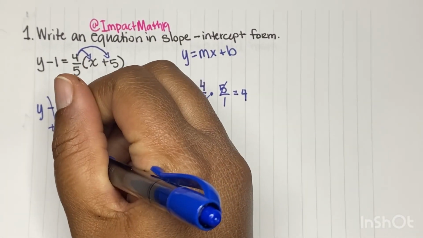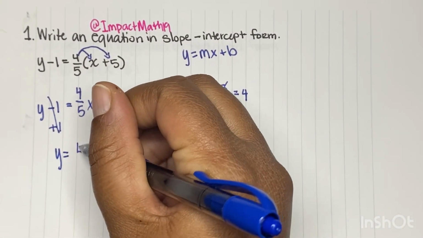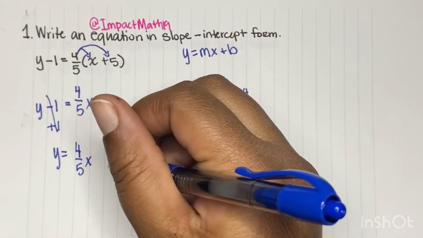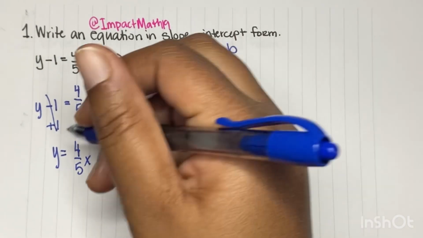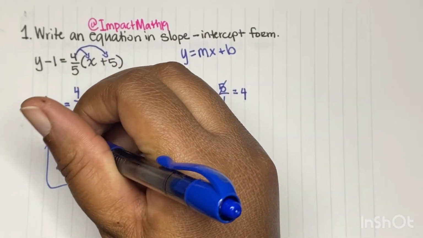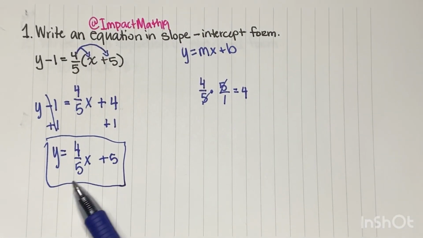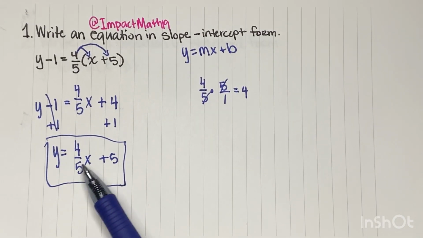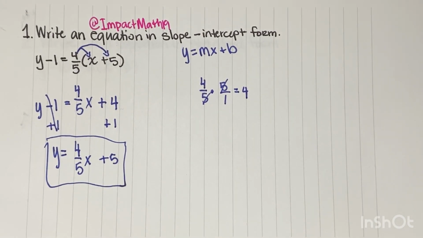So now we're going to drop down our y equals, drop down our 4/5 x, and 4 plus 1 gives us 5. And this is our equation in slope-intercept form. Y equals mx plus b.